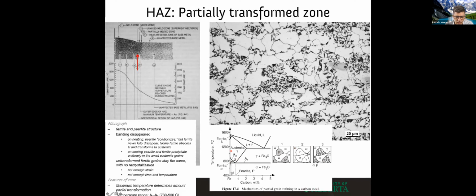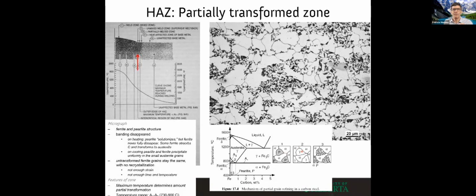If you do the cooling, you would realize that we have, just before crossing the line, ferrite at this composition and austenite at this composition that transforms into perlite. When we heat it up, the perlite transforms into austenite. And if I go a little bit higher, right, the austenite would grow a little bit, right? But look at this amazing thing.